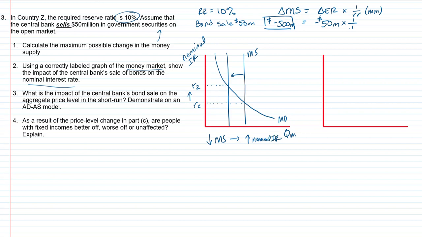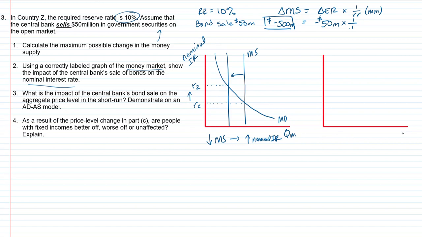Part 3, how is that policy then going to carry over to our ADAS model? And this becomes a good reminder that the Fed doesn't really care about the money supply, and it doesn't even particularly care about the interest rate. It only cares about these things in terms of carrying them over to an ADAS model, or carrying them over to the actual economy.